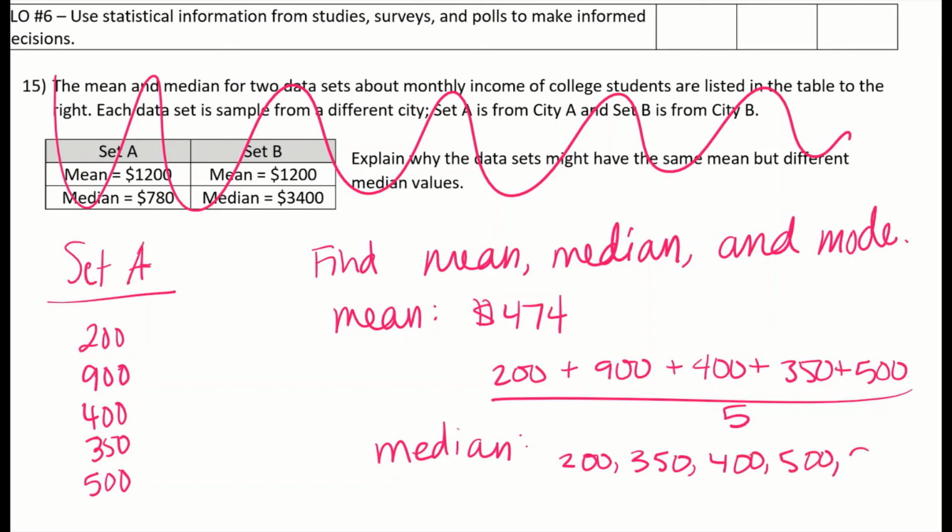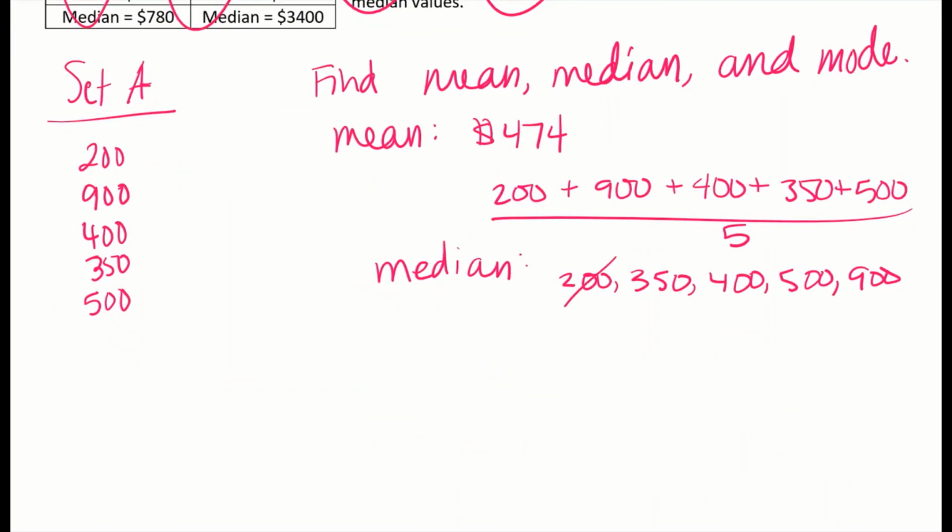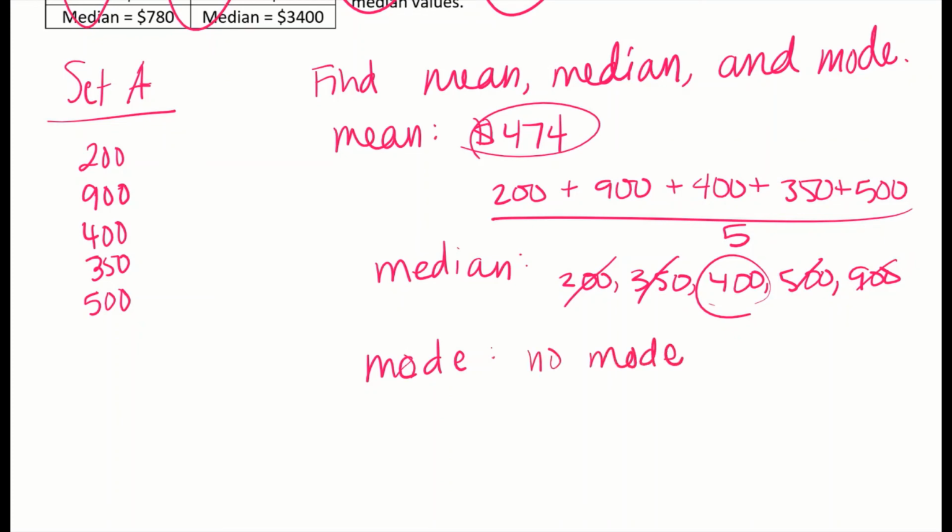So 200, 350, 400, 500, 900. So 400 would be the middle number. And then mode, they all occur exactly once, so there is no mode. So you might say no mode or none.